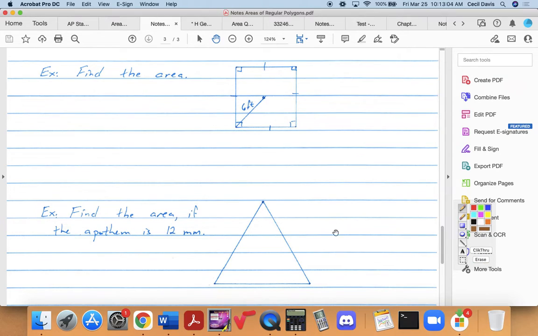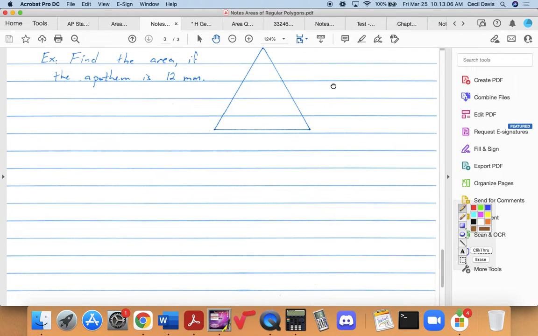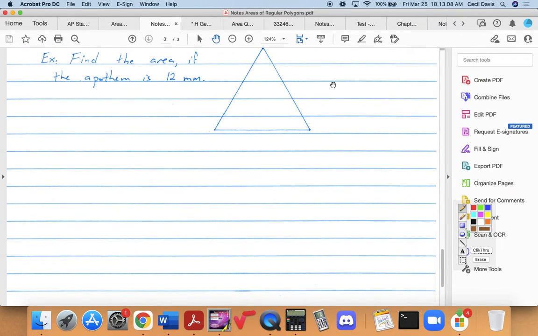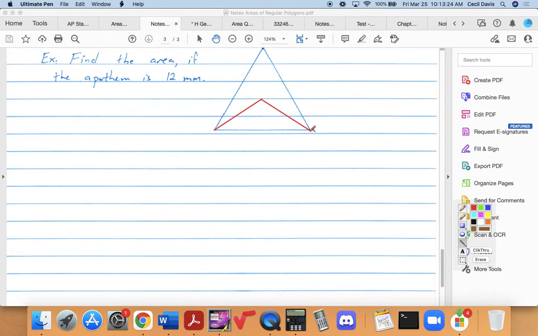All right, one more. Find the area if the apothem is 12 millimeters. All right, so again, as always, I'll start by drawing in the central angle. And earlier I was pointing this out.